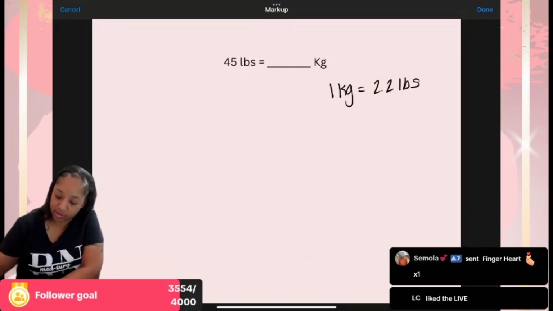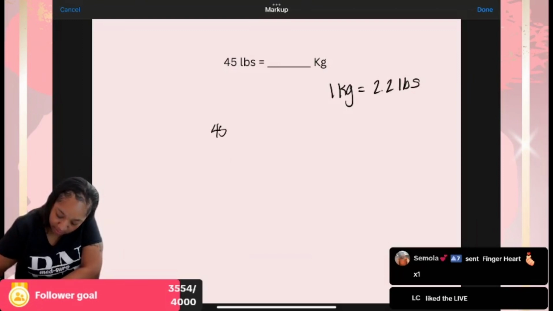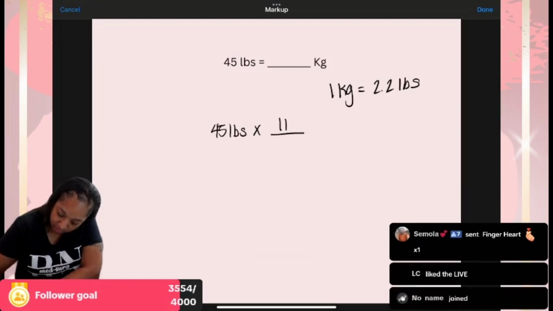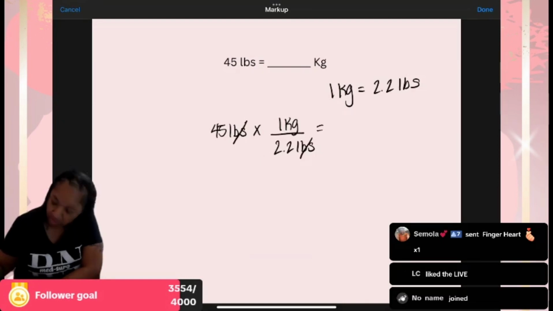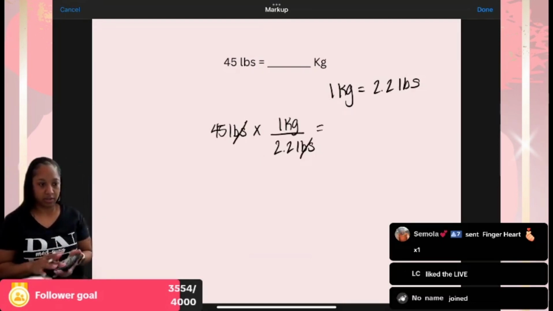So we are going to divide pounds by kilograms. You see your pounds, they cross out. And so we'll see how many kilograms.